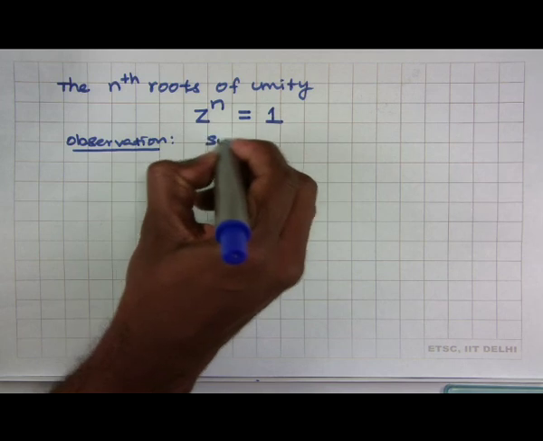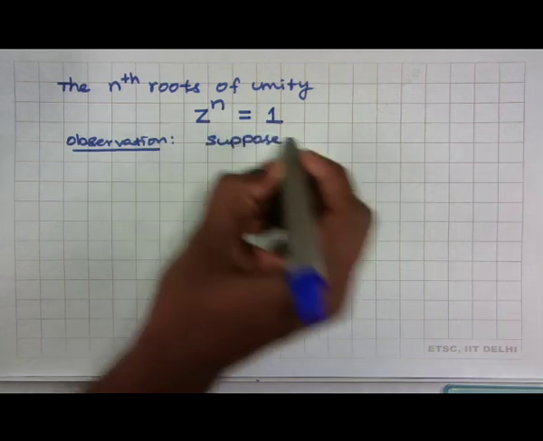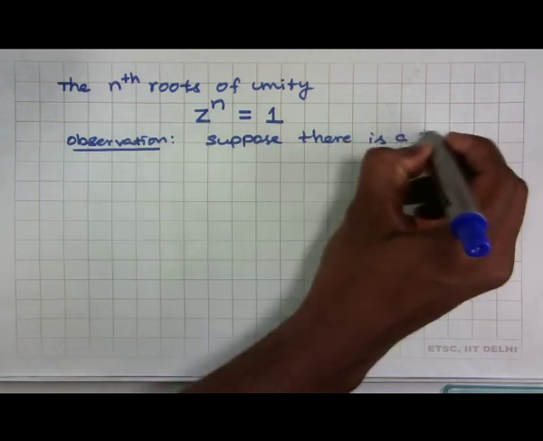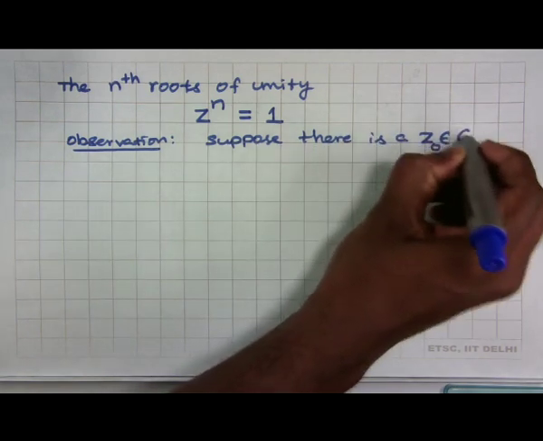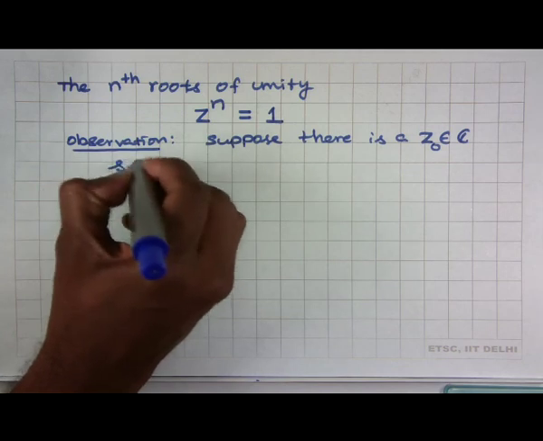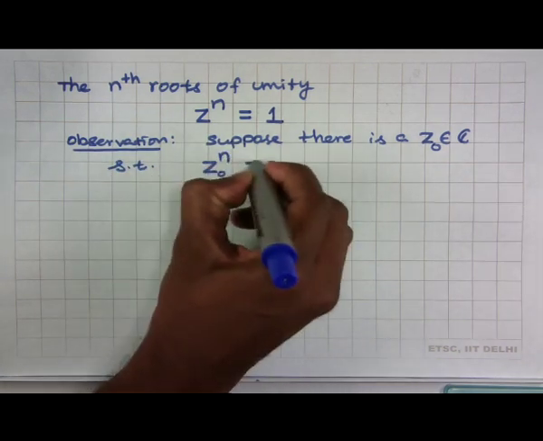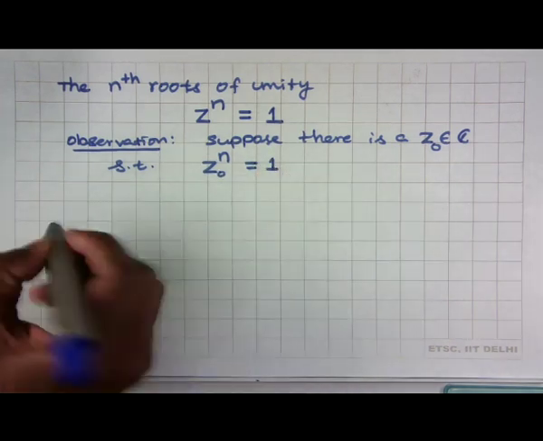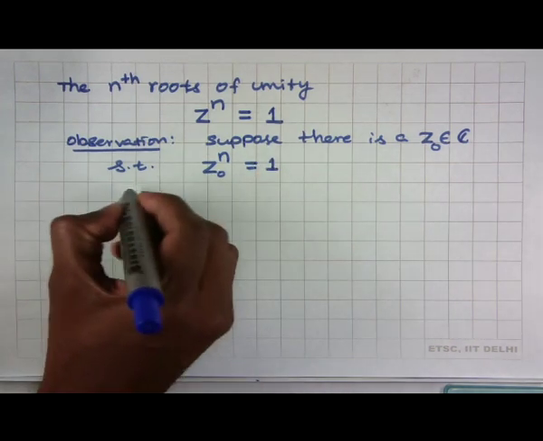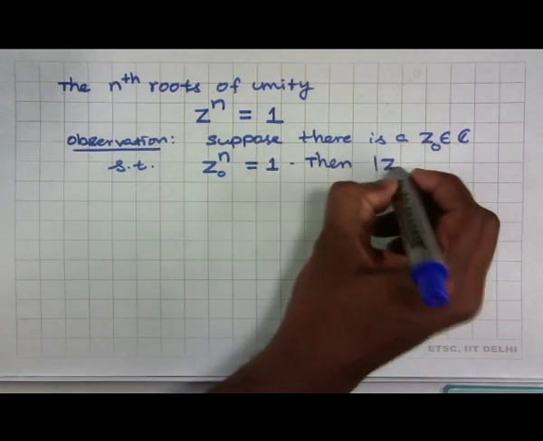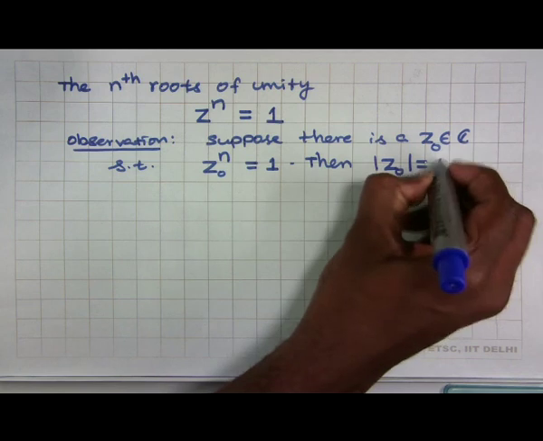Suppose there is a z0 in complex numbers such that z0 power n gives 1, then immediately modulus of z0 must be 1.